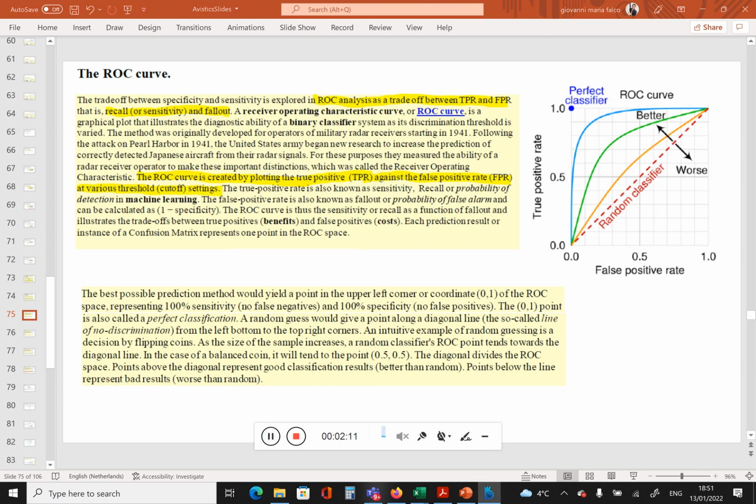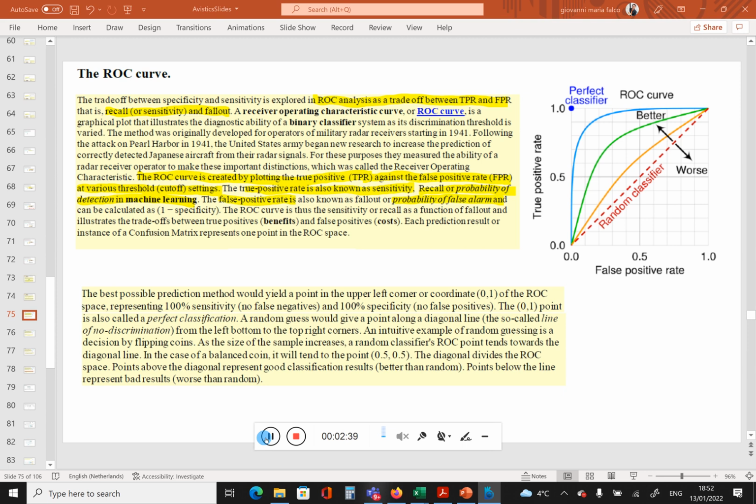Or in other words, if you remember that in machine learning the sensitivity is also called recall or probability of detection, we want to study the trade-off between the probability of detection and the probability of false alarm, which corresponds to the false positive rate.